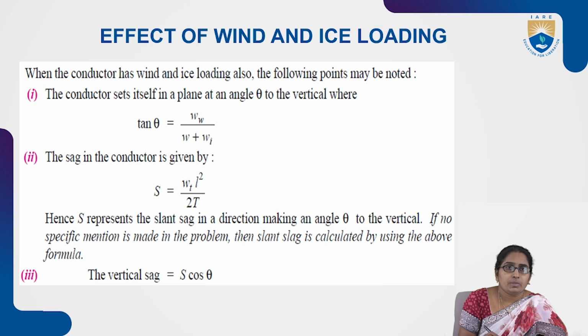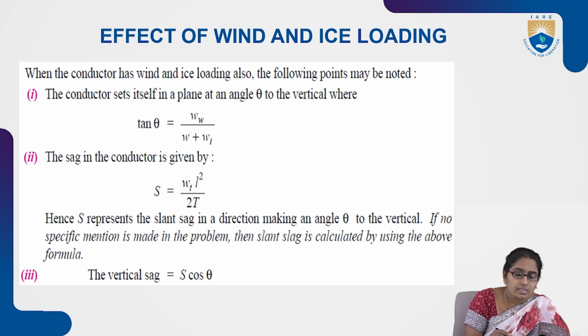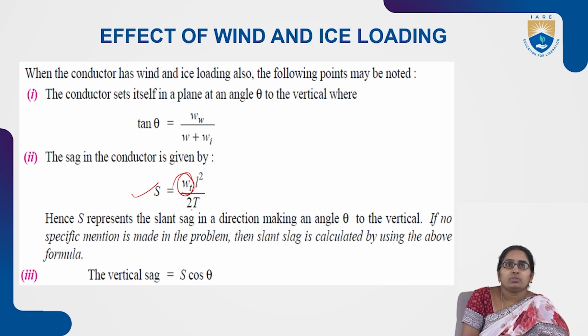Based on these factors included, the sag expression is given like this. The sag expression is finally given by WT L square by 2T, where WT is the total weight. How was the total weight calculated previously? We have seen, the phasor sum of those three.